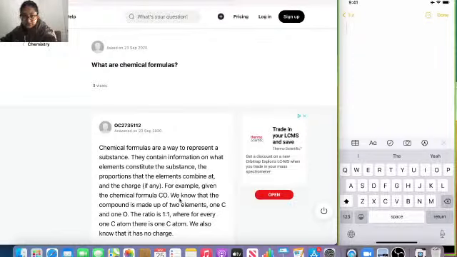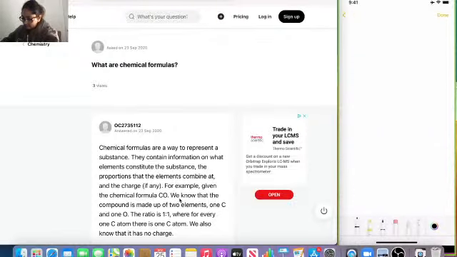Okay, our second question here says, what are chemical formulas? A chemical formula is a way of presenting information about the chemical proportions of atoms that constitute a particular chemical.